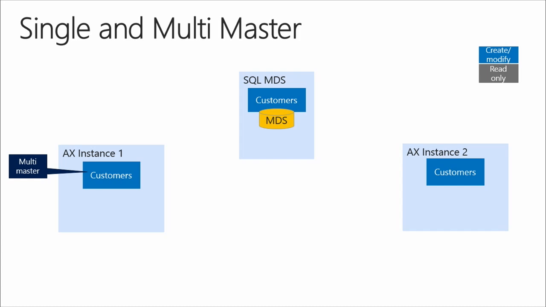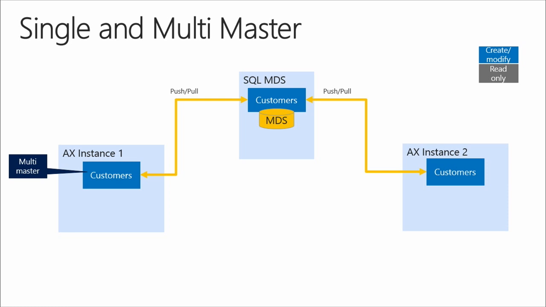Here we have again two instances of AX and a SQL MDS. The customer entity is configured in multi-master mode, and so when synchronization happens, customers are synchronized from both instances of AX with SQL MDS.